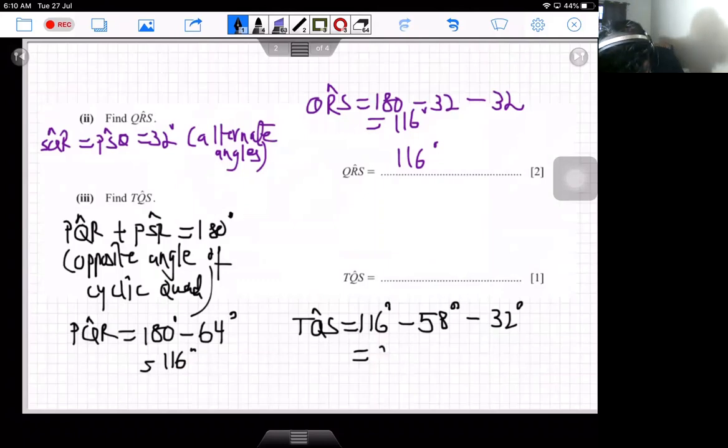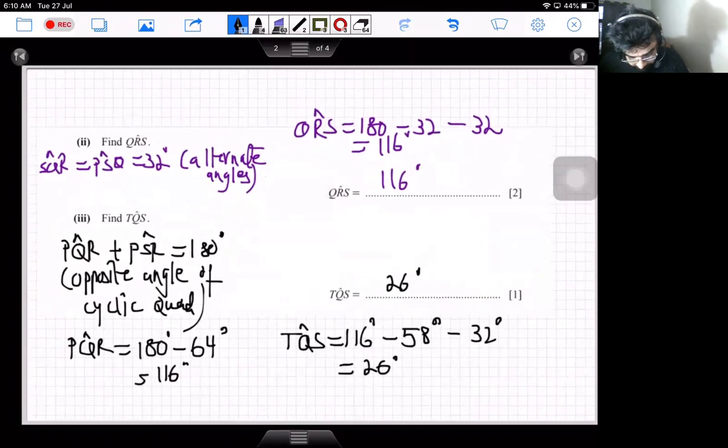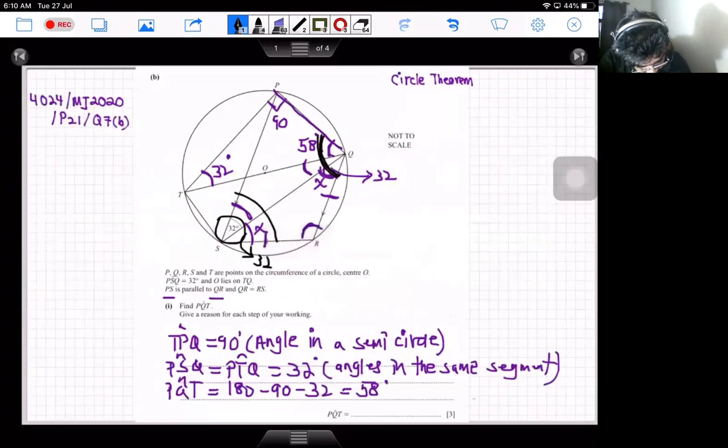So angle TQS is equal to 26 degrees. All right, so this was a question from May-June 2020, paper 2, variant 1, question number 7, part B.